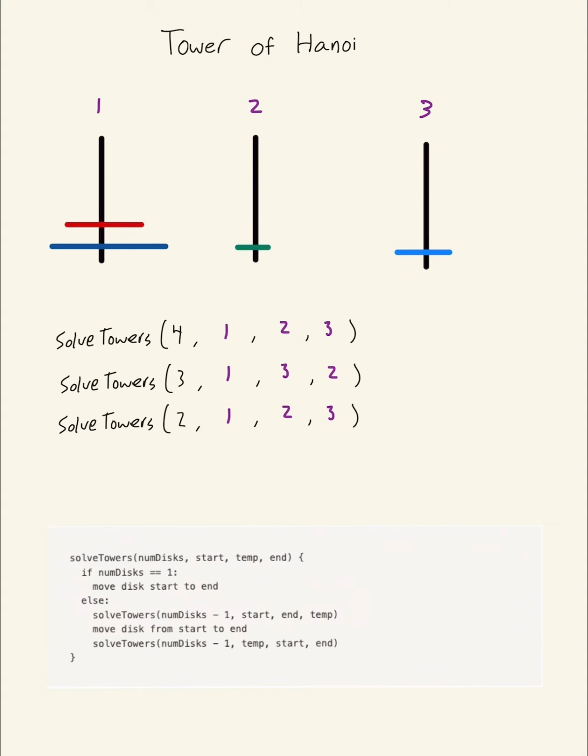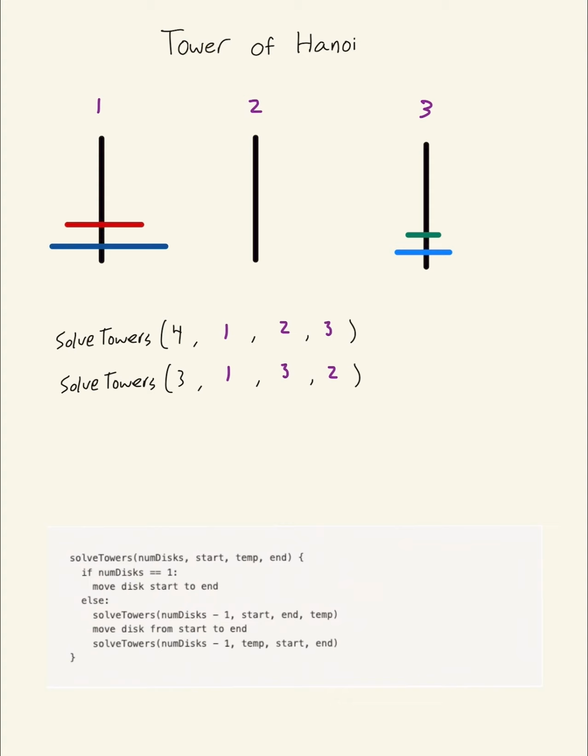And so this is, again, the base case because it's a disk of size 1, so now we can do that. Okay, great. Now, solve towers 2 finishes. And now we're back to this step in the solve towers 3 because solve towers 2 finished. So now we're here.